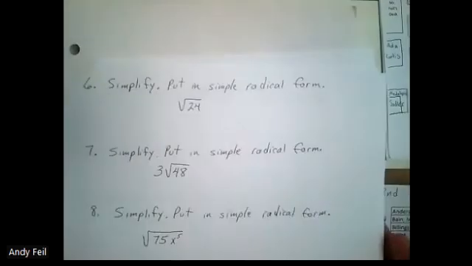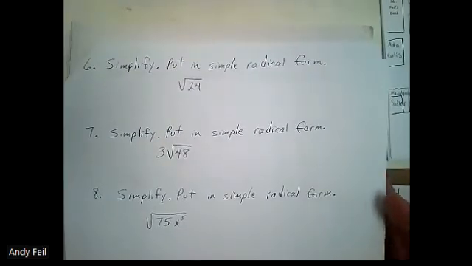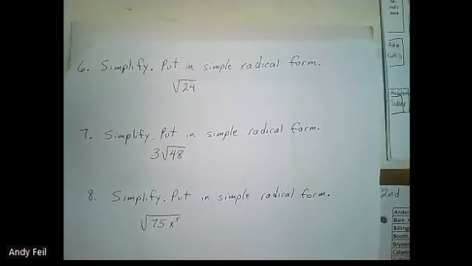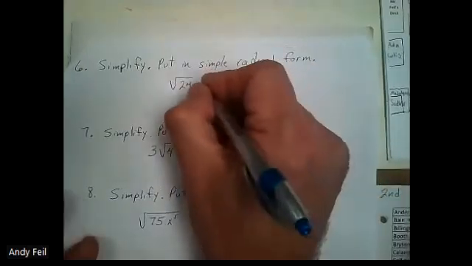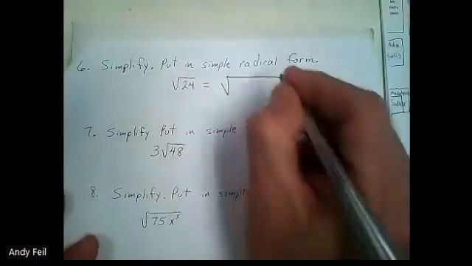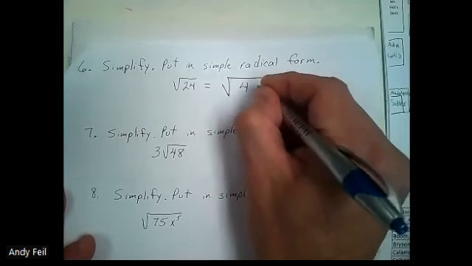Okay. Next old problem. Simple radical form. Have we done some like this already? We did. We did some like this already. You have to remember those perfect squares. What's the largest perfect square that goes into 24? 4? That's it. 4 times 6.